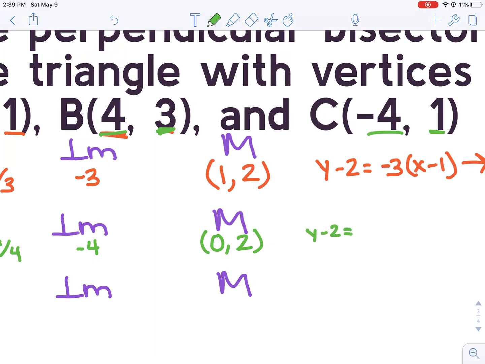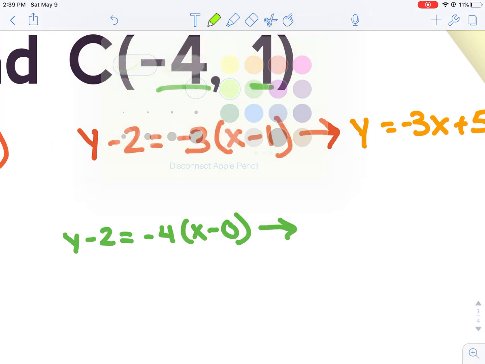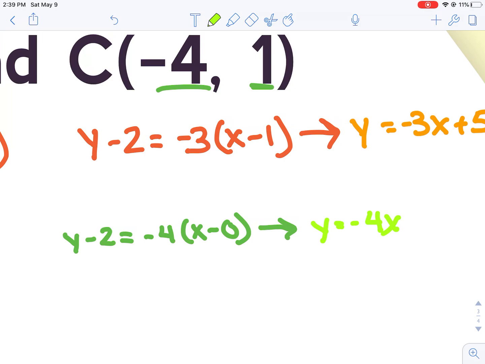So I get y minus 2 equals -4 times x minus 0, which very quickly becomes y equals -4x rather. Because there's a 0 there, I don't need to worry about distributing to that. And then I can add the 2 over to get away from the y.